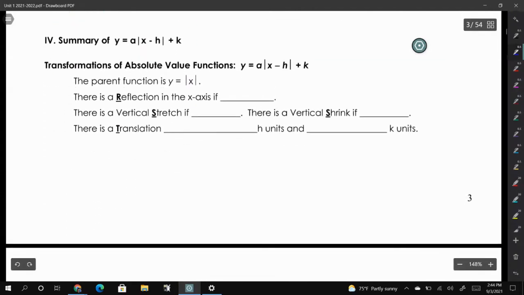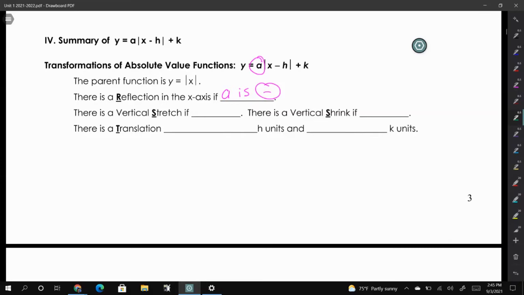So summary, this is the terminology we're going to use to compare things. There's a reflection if this a value is negative. So that's what R would stand for when I ask you to compare. R is for reflection. Is there a vertical stretch or a vertical shrink?